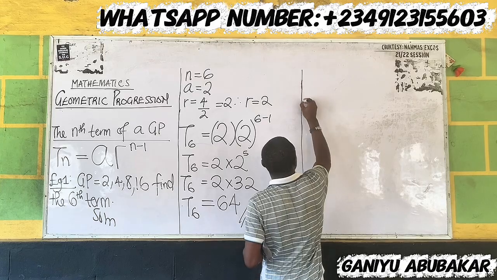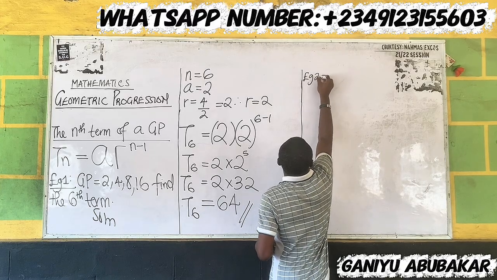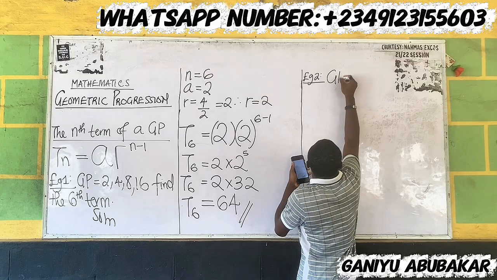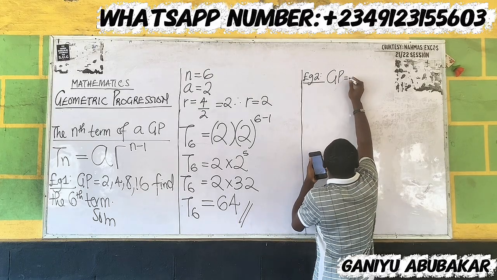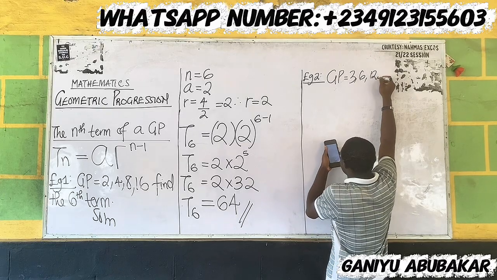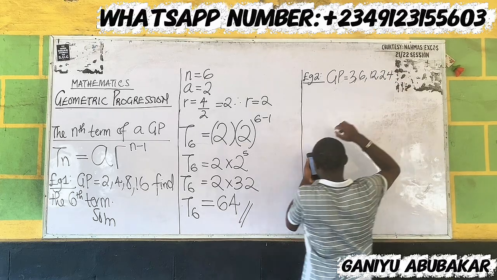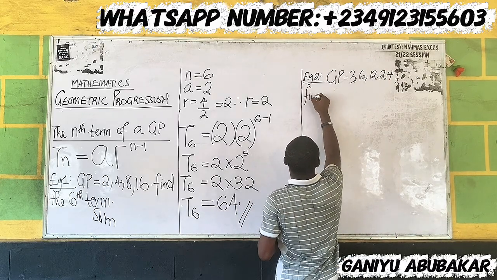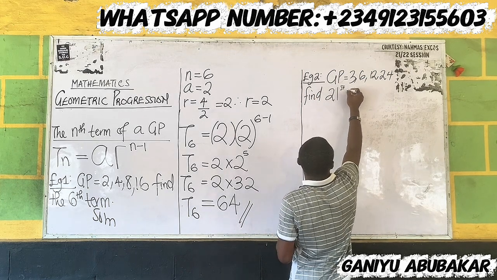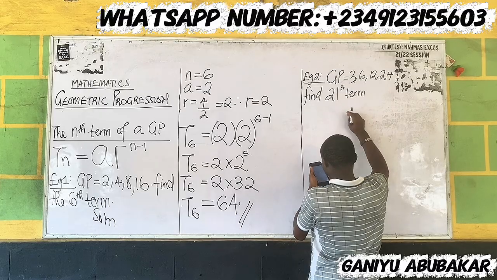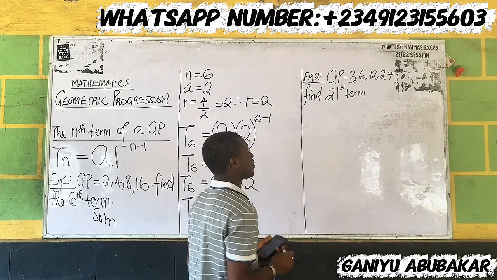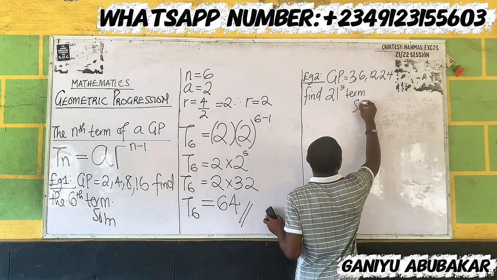Example 2, it says: given a GP equal to 3, 6, 12, 24, find the 21st term. It's simple as solution.